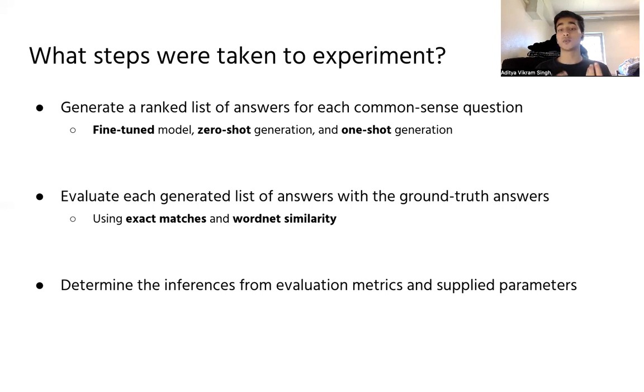So that is why we considered WordNet similarity, which is basically given this huge network of semantically similar words, we could easily understand that brushing their teeth versus cleaning their teeth are both semantically similar and mean the same thing. And from both of these steps, we tried to determine the inferences using the evaluation metrics, which were typically maximum incorrect answers and maximum correct answers.